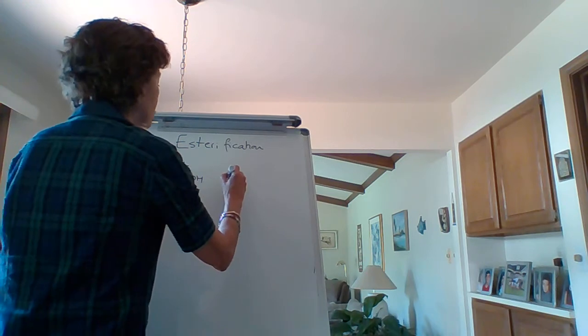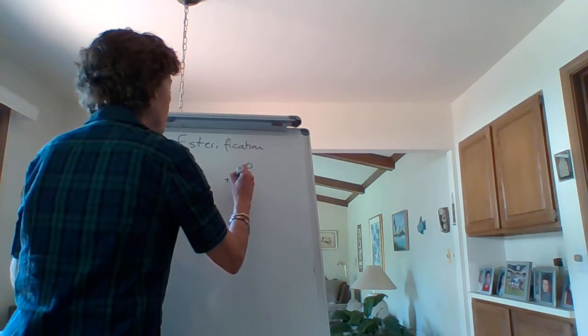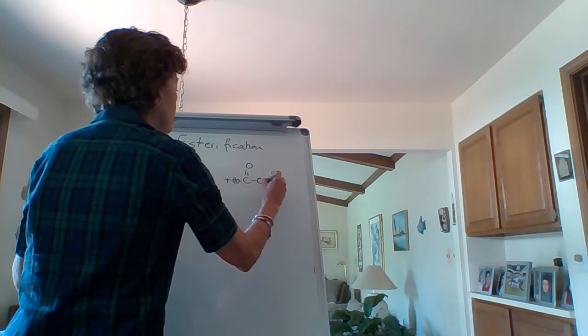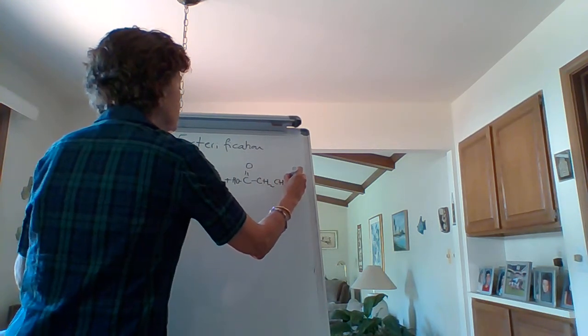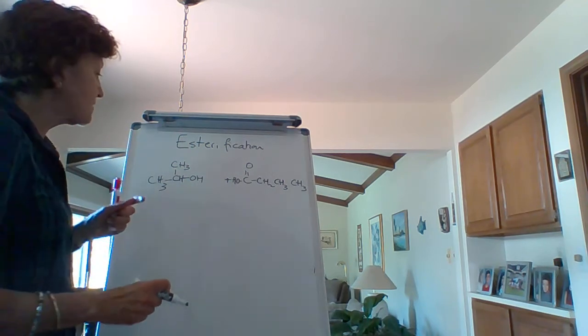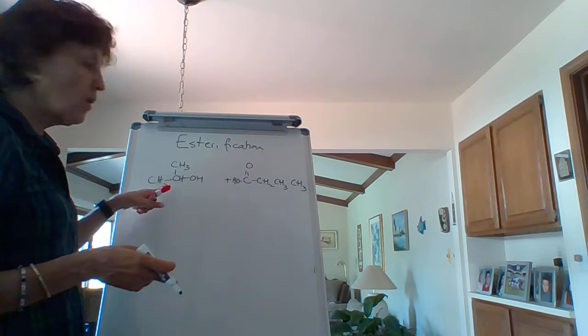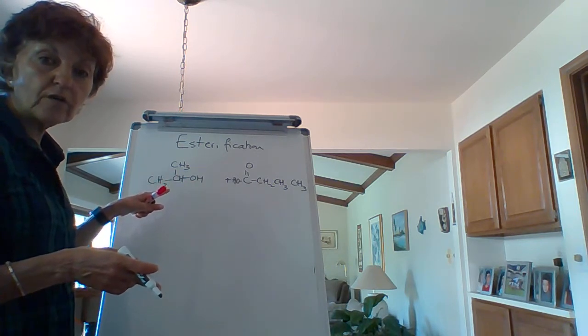See if you can recognize what this is. All right, let's see if we can recognize what these are. Let's give them their IUPAC name and their common name. So what is the name of this thing over here?